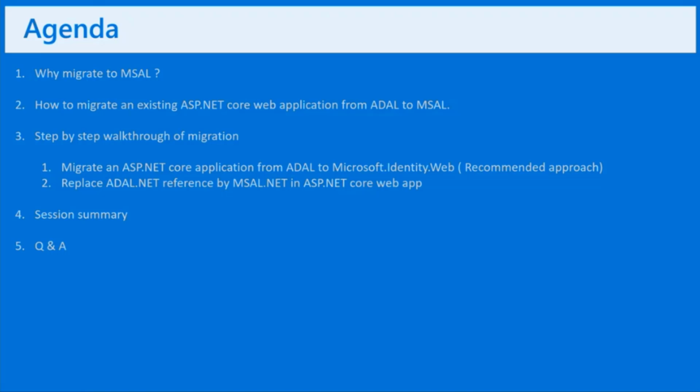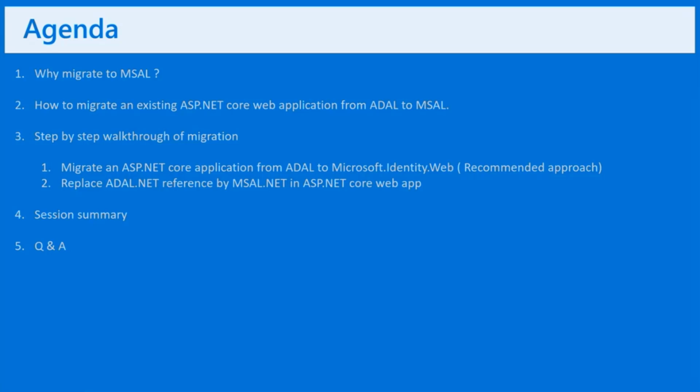Let us say you have a web-based application. We'll mainly focus, as a developer, on the steps you need to take to migrate your application from ADAL to MSAL. On that journey, we are taking an example here, which is an ASP.NET Core web-based application.